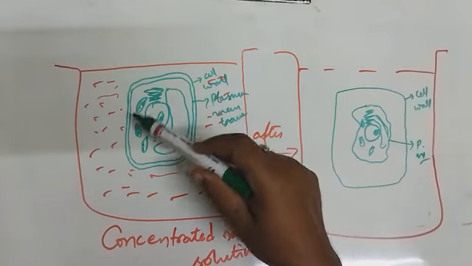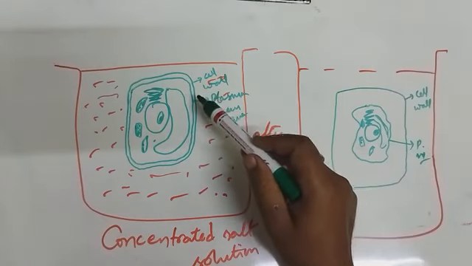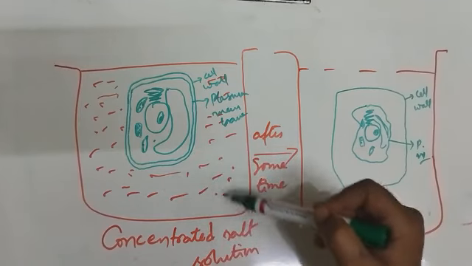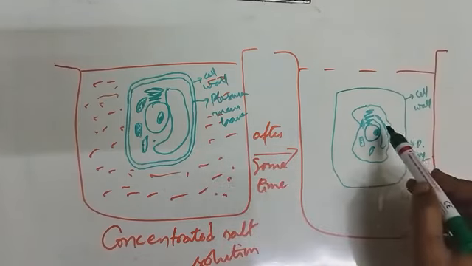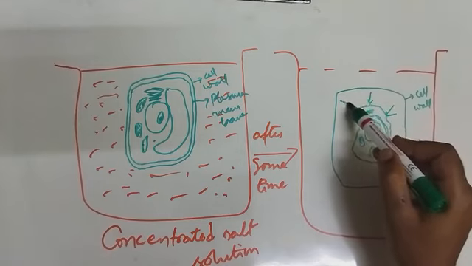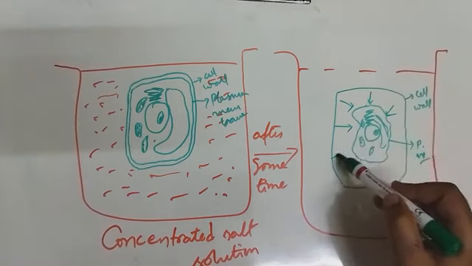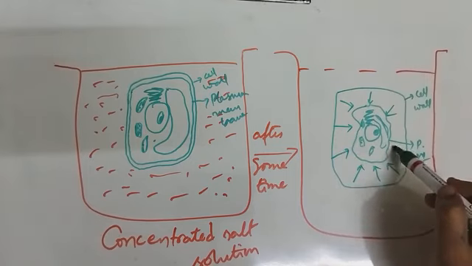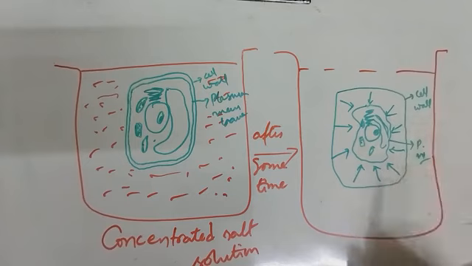The cellular contents that were near the cell wall, when the plant cell is placed in a concentrated salt solution, moved away from the cell wall. This process is called plasmolysis.